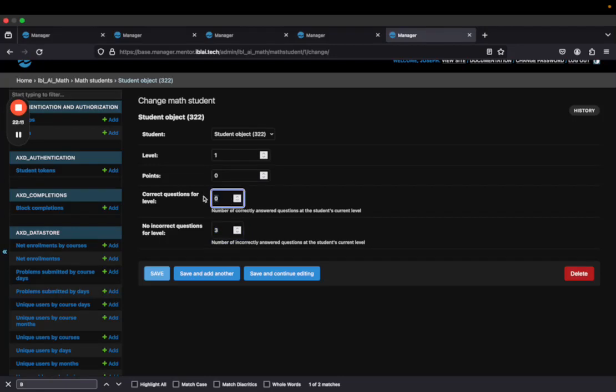And should I have been at a higher level, when the number of incorrect questions I have at a level increases to 5, I get dropped down a level. And if the number of correct answers reaches a threshold of 10, then I get increased to a higher level, and then I get to see tougher questions.